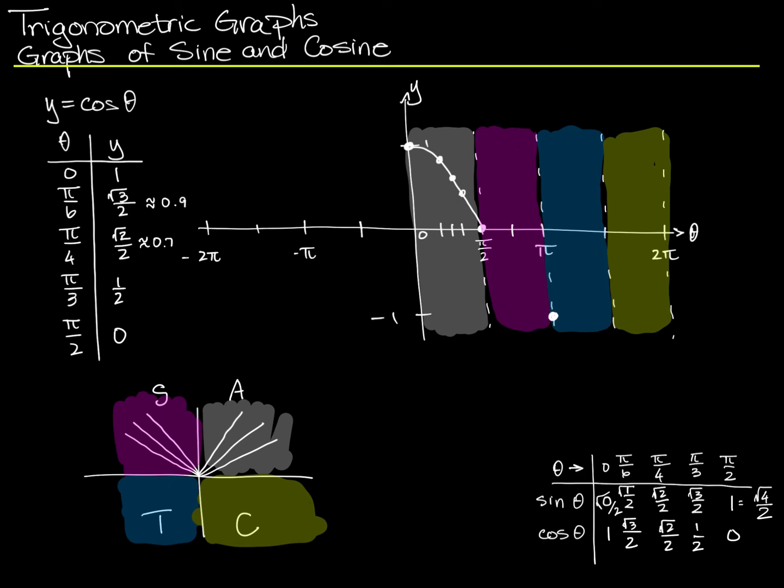And in between, at my reference angle of pi over 4, that's at 0.7, but it's negative. So I'm about here. At my reference angle of pi over 6, I'll be at 0.5, and at my reference angle of pi over 3, I'll be at 0.9. So I get something that looks like that.